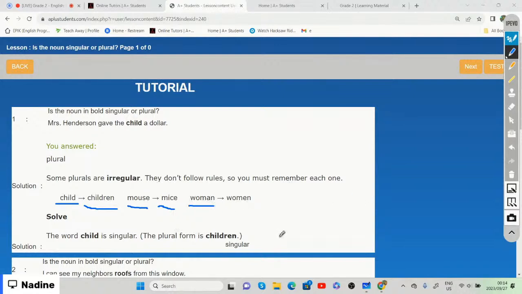So more than one woman is women. So basically, over here, either one word is taken out or a few words are taken out. But like we say, we do not follow rules of just adding S or ES to show that it is plural now.